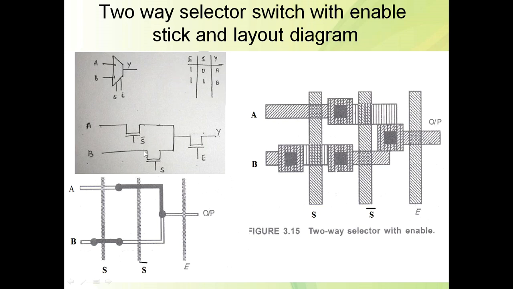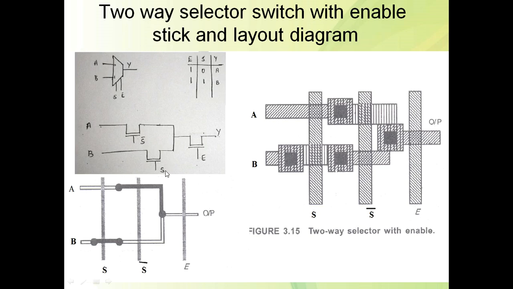Now this is the circuit diagram for the two-way selector switch. There are 3 transistors we require. For this transistor, S bar is the control line, and for this transistor, S is the control line, meaning S and S bar are the select lines.